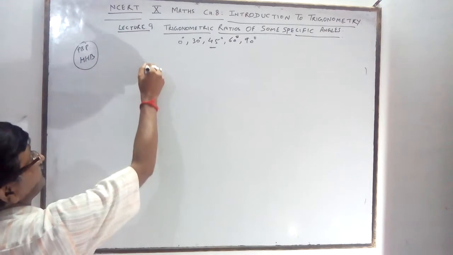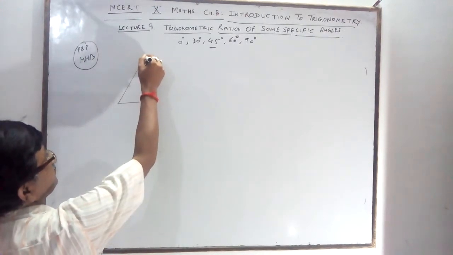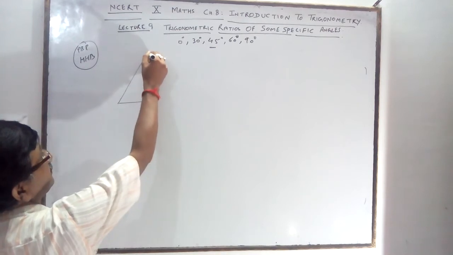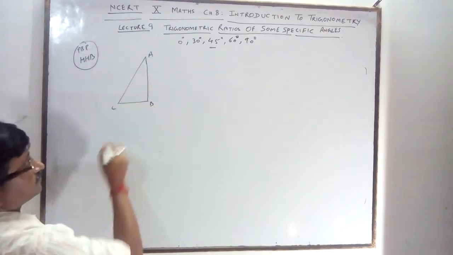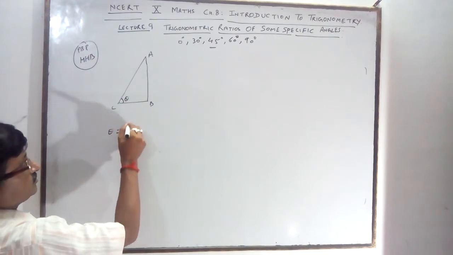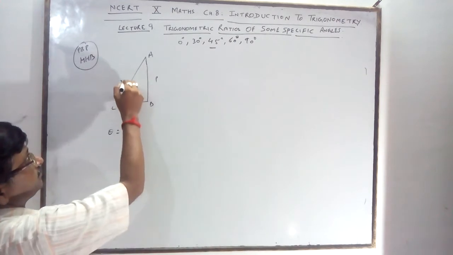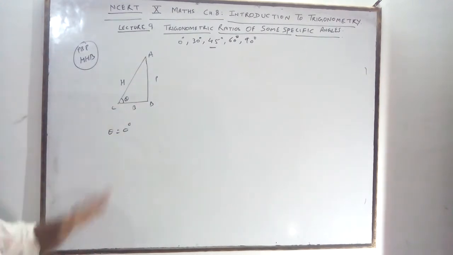This is one triangle I am drawing, A, B, C. You want this angle theta to be equal to 0 degree. It has a perpendicular and a base. How will it become 0 degree?